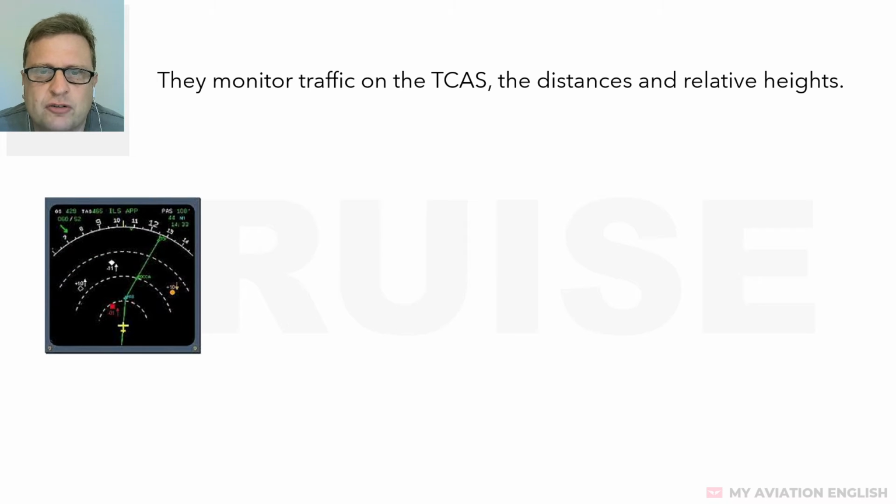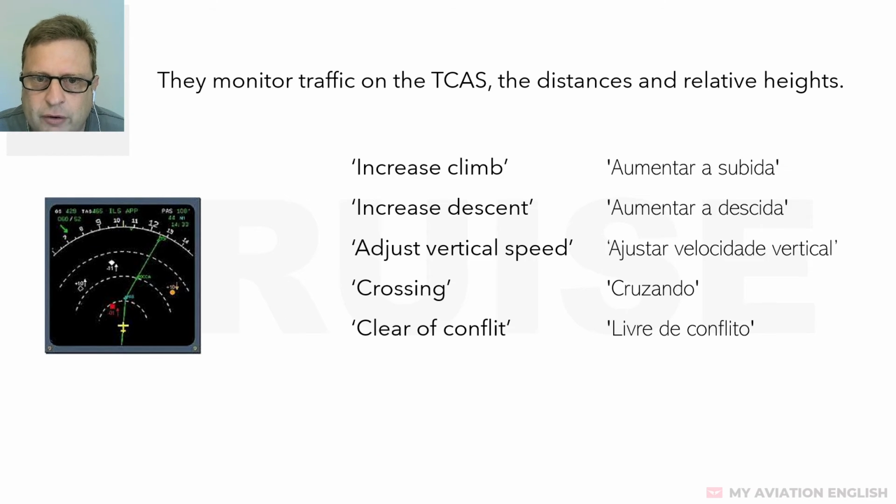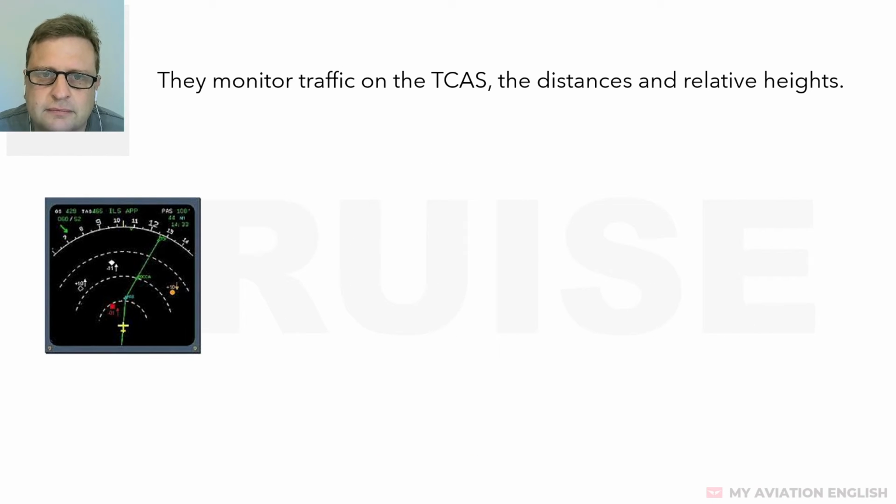They monitor traffic on the TCAS, the distances and relative heights. Let's practice TCAS vocabulary. Read aloud for me. They monitor traffic on TCAS, the distance and relative heights. And now the message on TCAS.